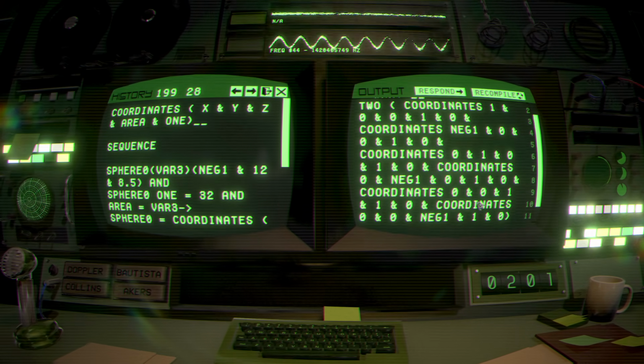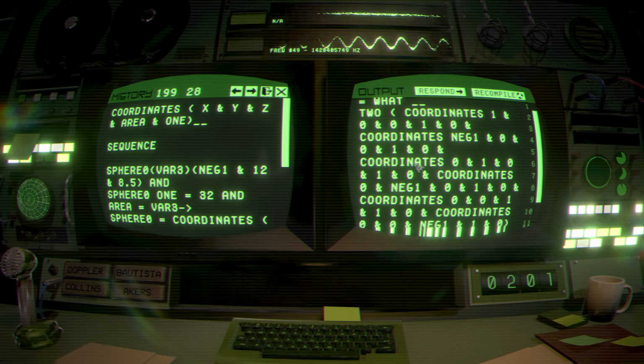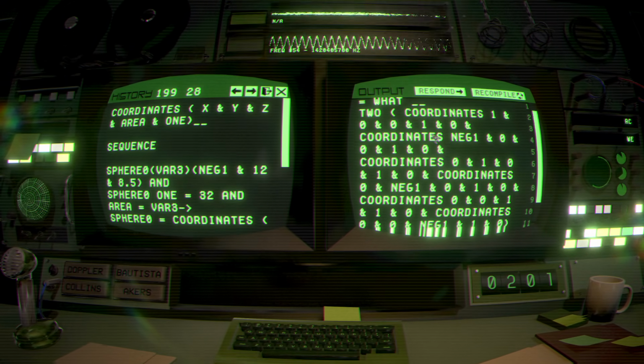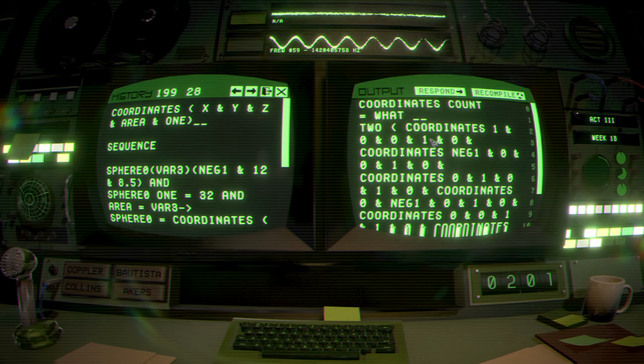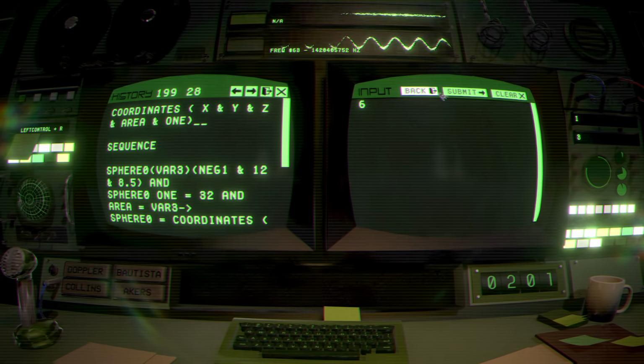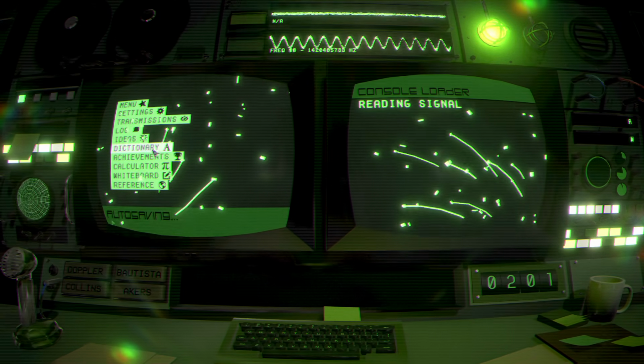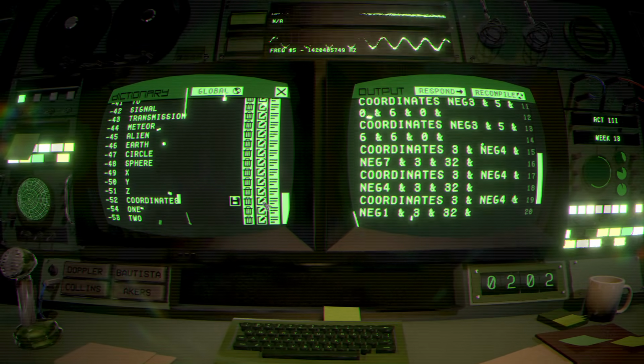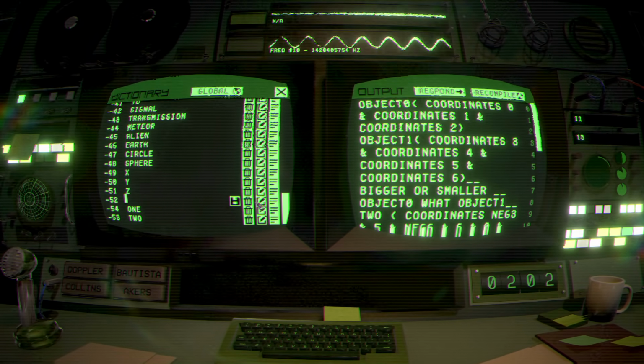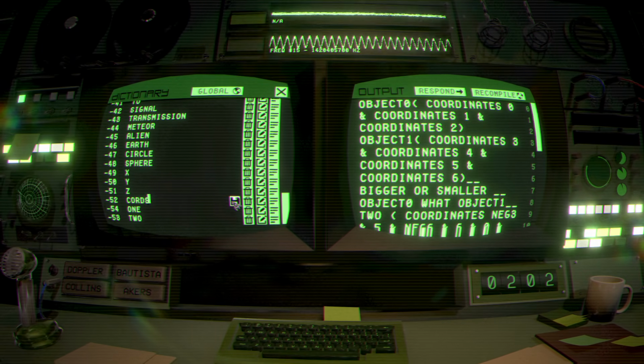Looks like they're not trying to trick us. So let me just count the number of coordinates. 1, 2, 3, 4, 5, 6. Yes? I guess the answer is 6 sets of coordinates. In which case, let's go ahead and change this down to just chords. Not having a huge mess of stuff.